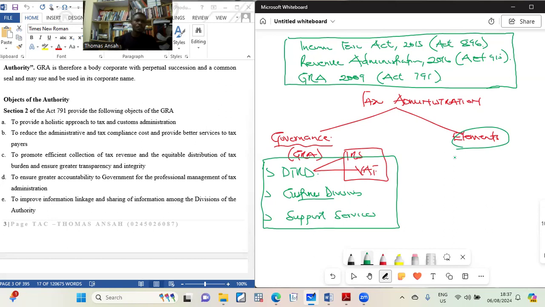So, for example, let's say I work in Tema. GRA used to have some divisions called STO, MTO, and LTO. Now, the LTOs were the large tax offices. So those people who had revenue exceeding 1 million all belonged to LTO in those days. Now, imagine in Ghana, the LTO we used to have was the one at Circle.